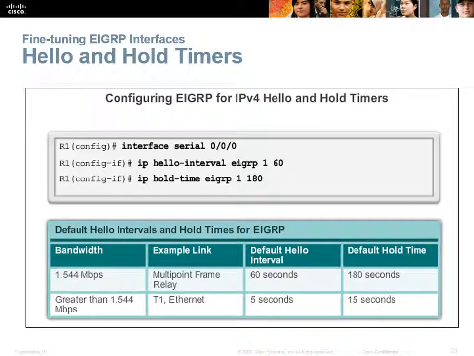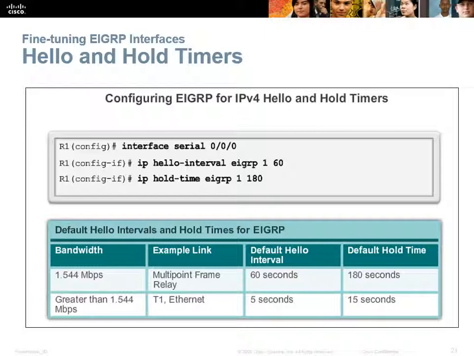All right? You can set the hello interval by changing it with ip hello-interval eigrp, the autonomous system number, and how many seconds it's going to be. The hold time default is 180 if it's greater than 1.544, which is your basic T1 line, or less.